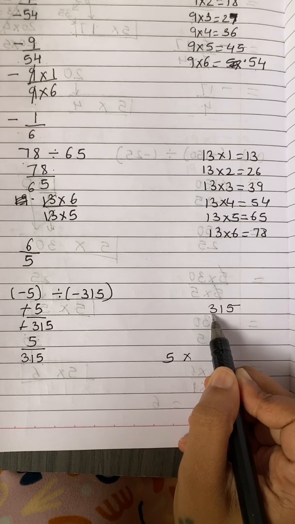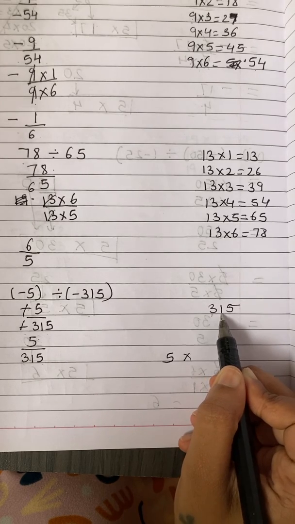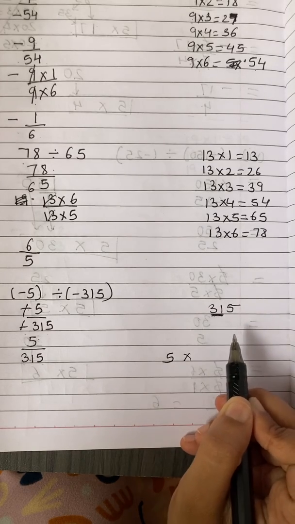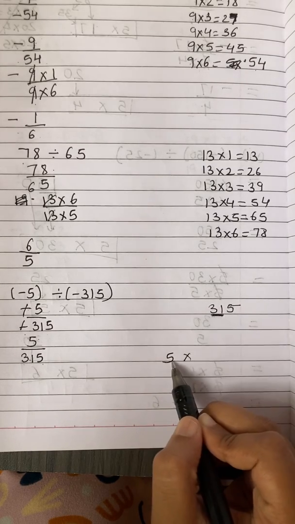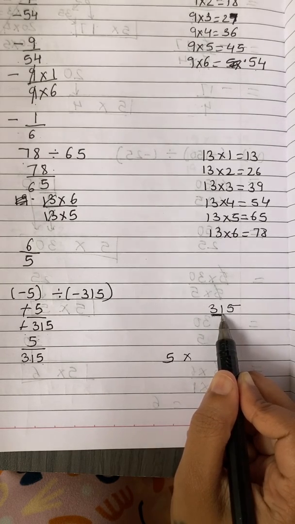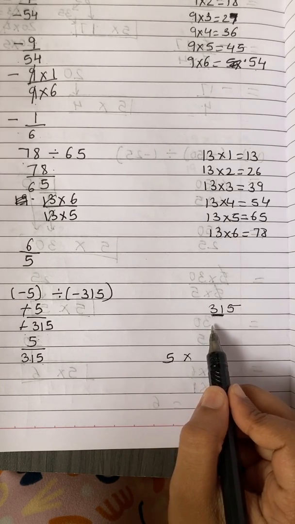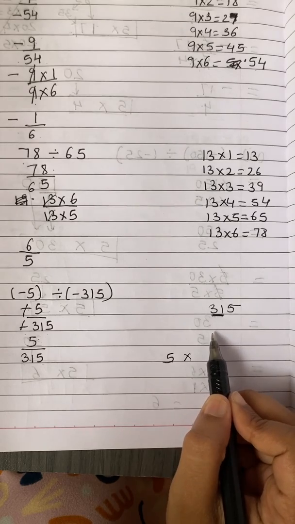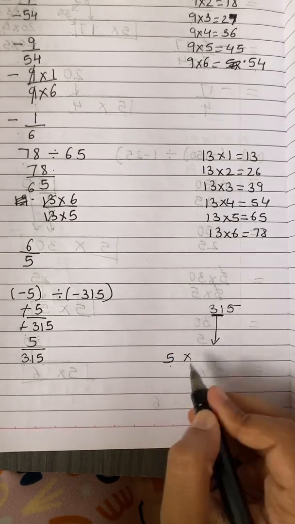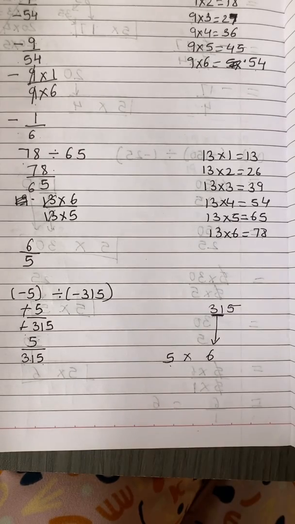Whenever we have a number lesser than 5, take the second number with it, 31. So does 31 come in 5's table? No. So we have to take a number which is less than 31. So 30 comes in 5's table. So write down 5 sixes are 30.